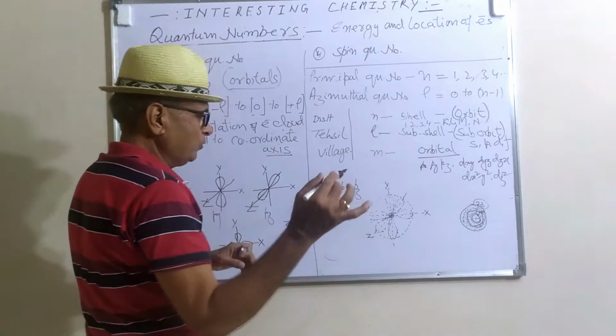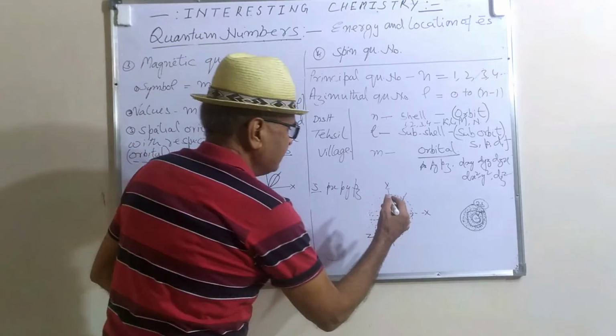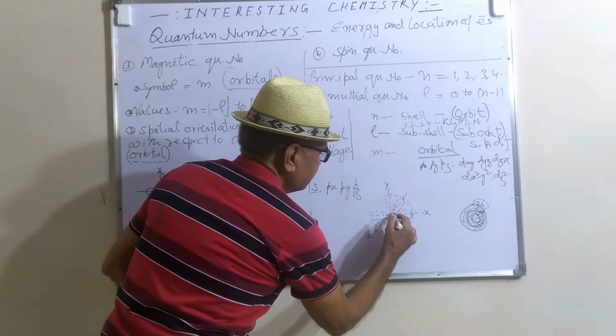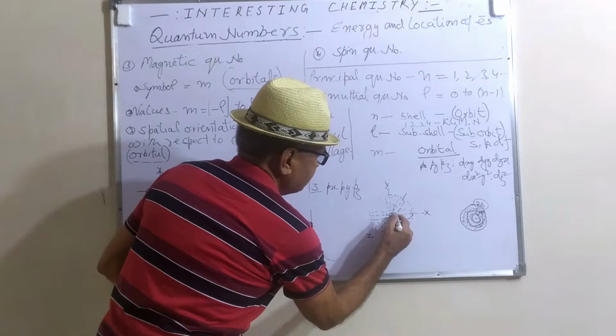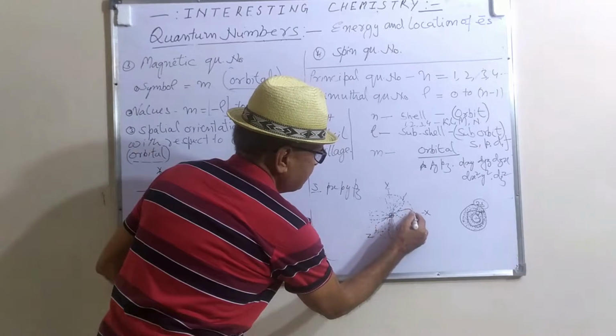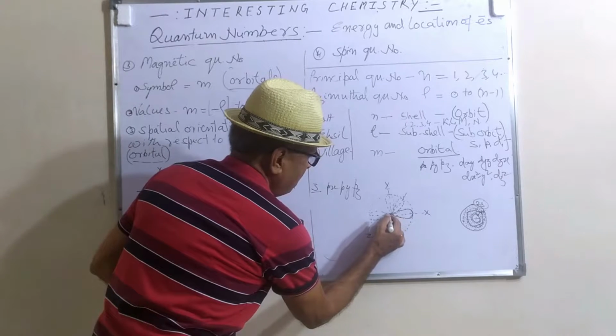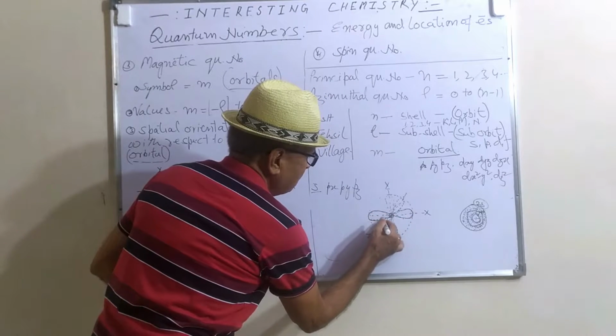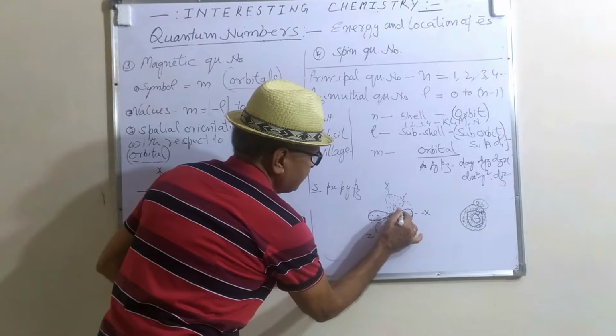Again I am telling you that I told you X with a wire, that this is X. Suppose the electron goes from this side, and this electron goes from this side.